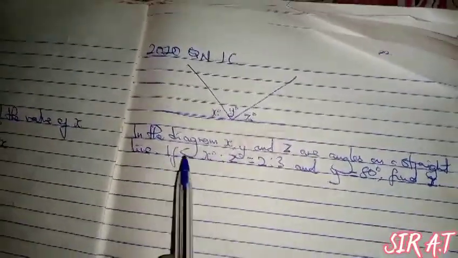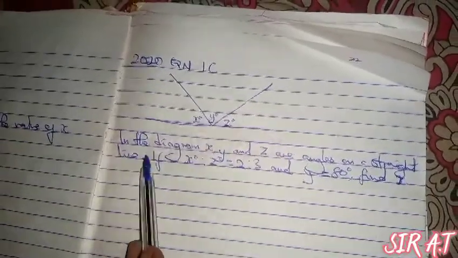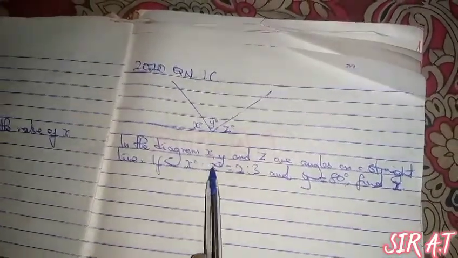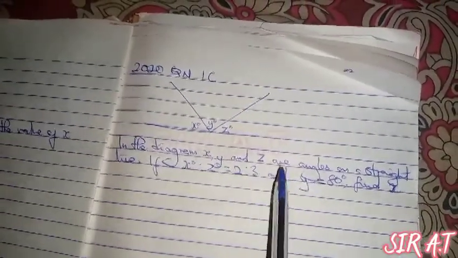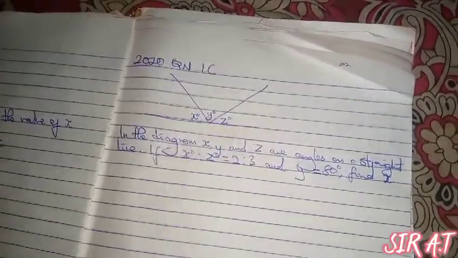Let's see how you're going to solve this question. It said in this diagram, x, y, and z are angles on a straight line. If x to z is in the ratio 2:3, and y is 80, how do you find the value of x?